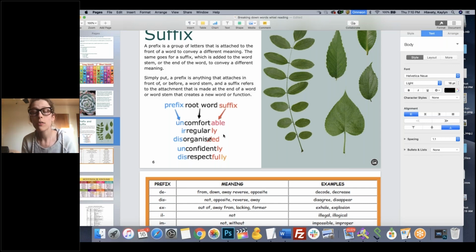But if you take out the UN, you're left with comfortable, with the suffix being ABLE. ABLE would be the suffix of the word. Comfortable means a state of mind, you're feeling comfortable. So it changes it beyond the noun.